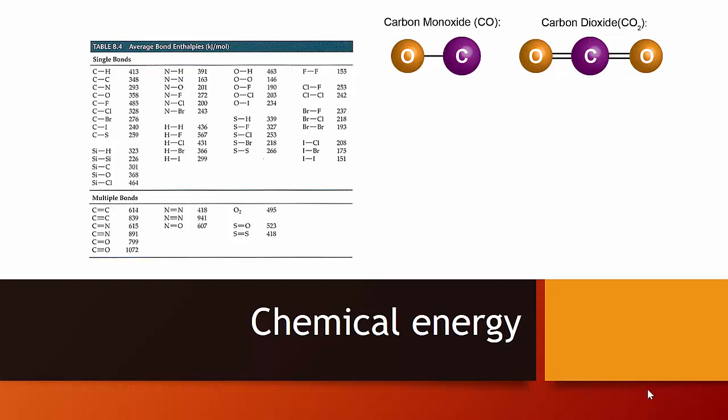Now, the truth is that carbon monoxide has one carbon-oxygen triple bond, which is not displayed on this diagram. Carbon dioxide has two carbon-oxygen double bonds. Those double bonds are weaker, but because there are two of them, carbon dioxide actually has a much higher total bond energy, something known as enthalpy.